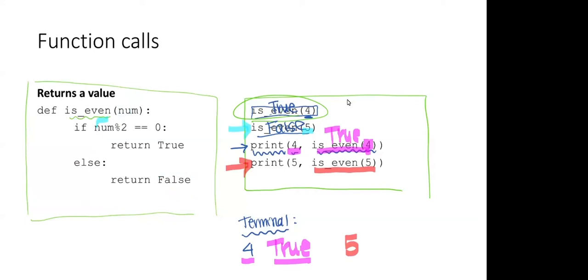We are going to call the function is even with an input of 5. So if num modulus 2 is equal to 0, so this right here is 5 modulus 2 equals 0. If we divide 5 by 2, we get a remainder of 1, so we would return false. So right here, this would take on false because that is the value being returned to the function call. So we print 5 and false.